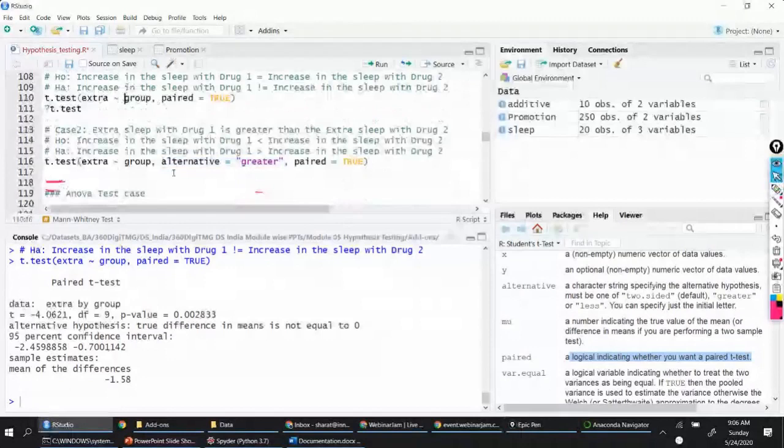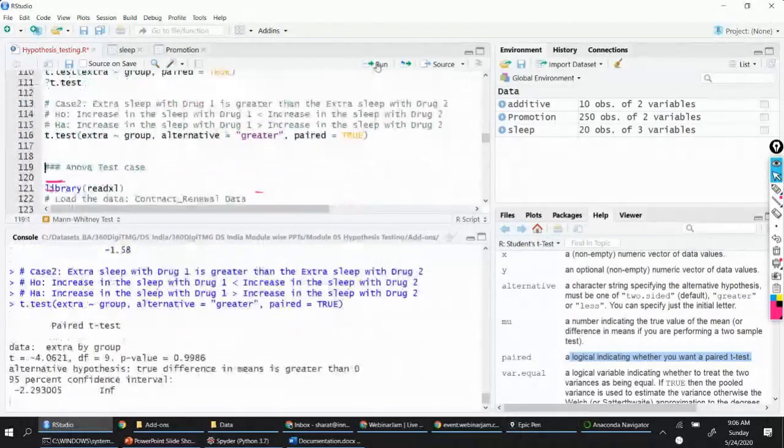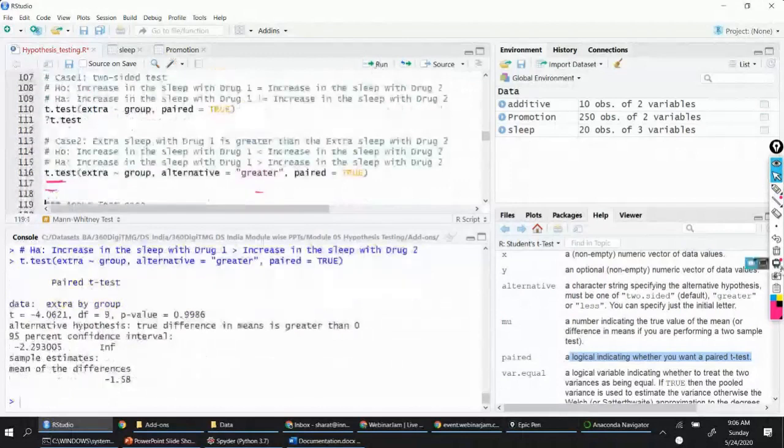By default, it is always two-sided, but the alternative is greater than, sample 1 is greater than sample 2. Execute it. And what is the p-value that we are getting here? 0.9986. This is greater than 0.05.